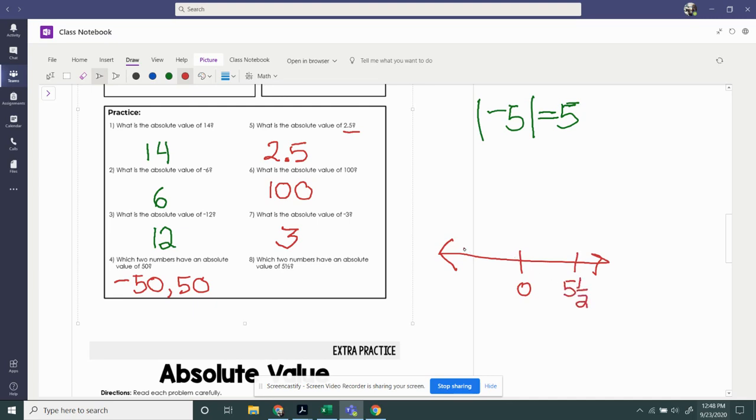But we can also have -5 1/2, and -5 1/2 is also 5 1/2 units from 0 on the number line. So, which two numbers have an absolute value of 5 1/2? Both -5 1/2 and positive 5 1/2.